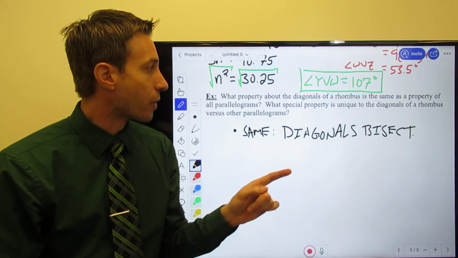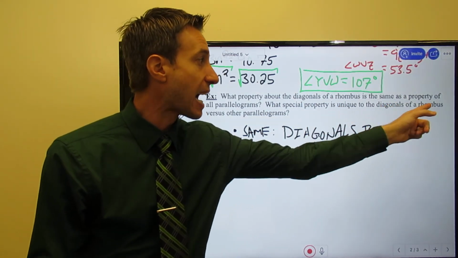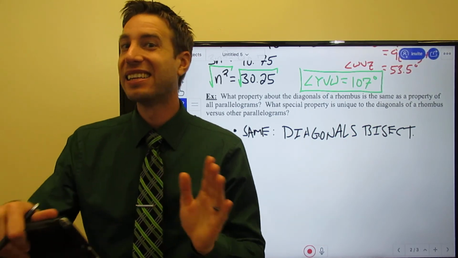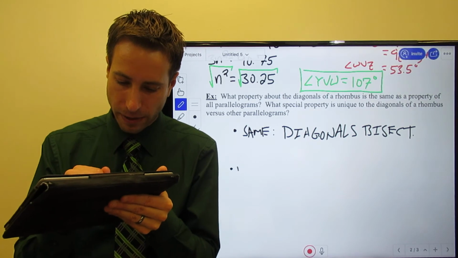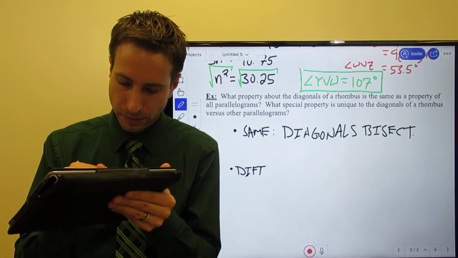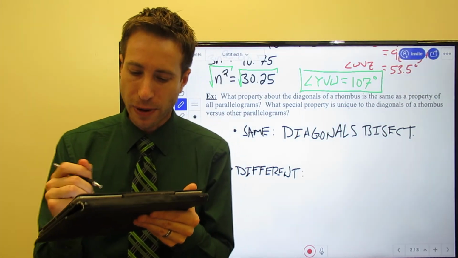But what's different? What special properties are unique to the diagonals of a rhombus that other parallelograms don't have? Well, here's what's different.